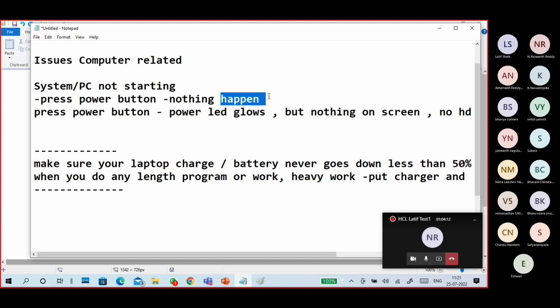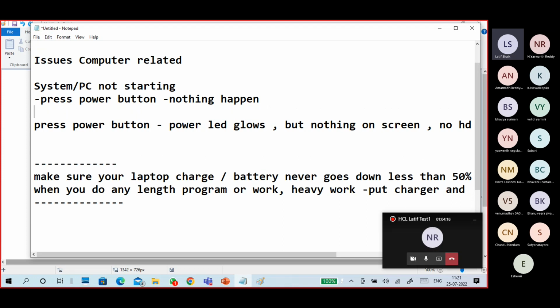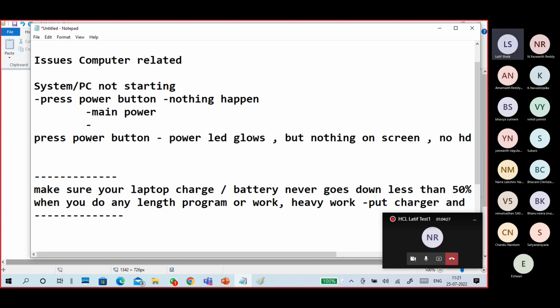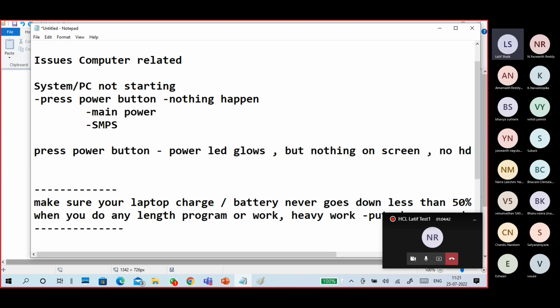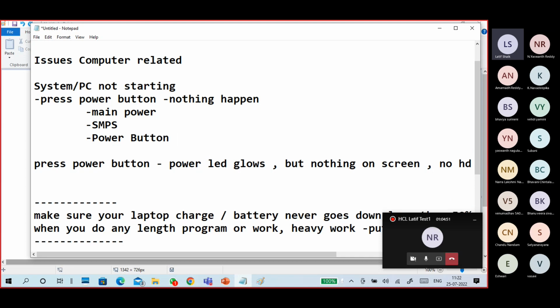Main power connection, SMPS related issues, power button related issues. Sometimes the power button is also not working or not connected properly.